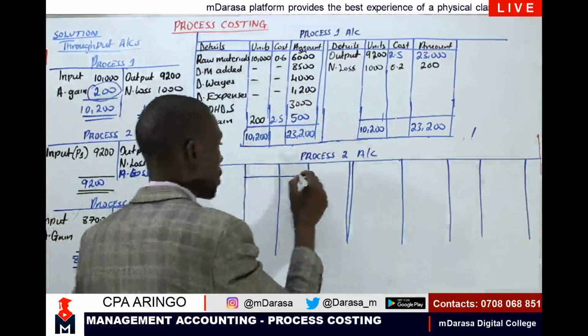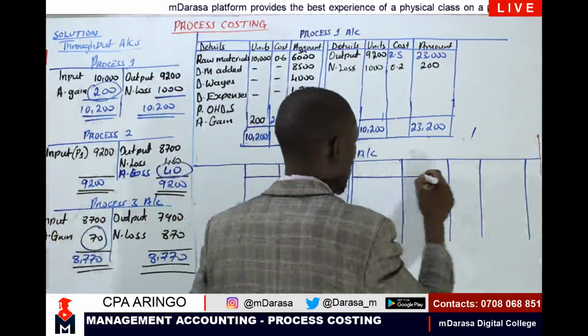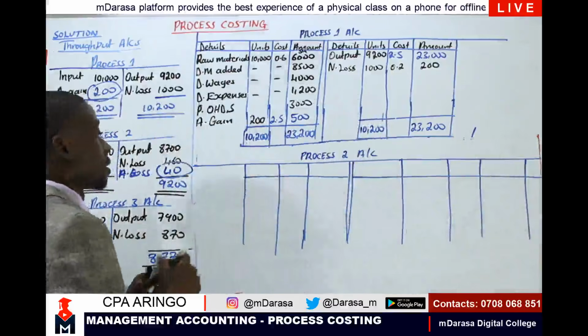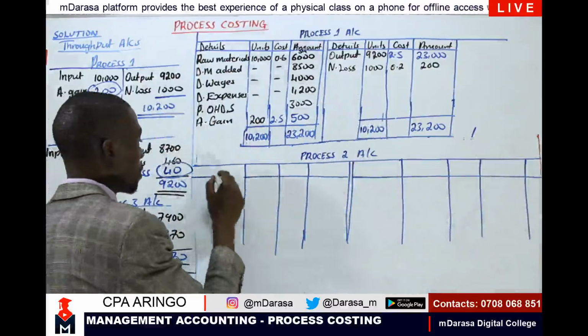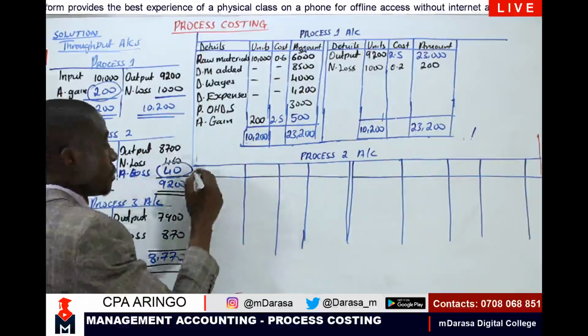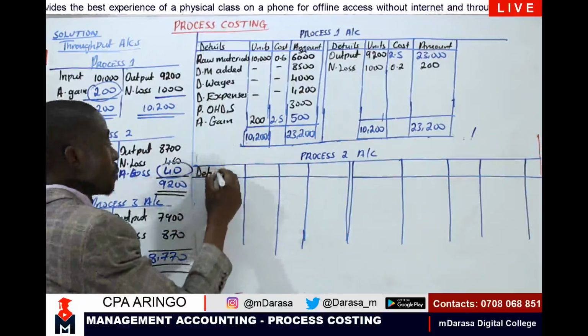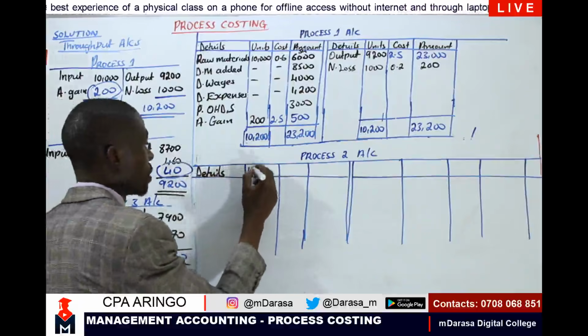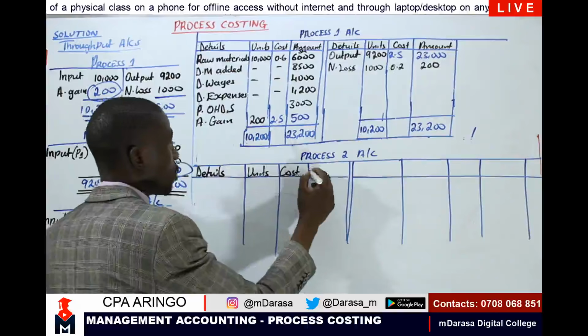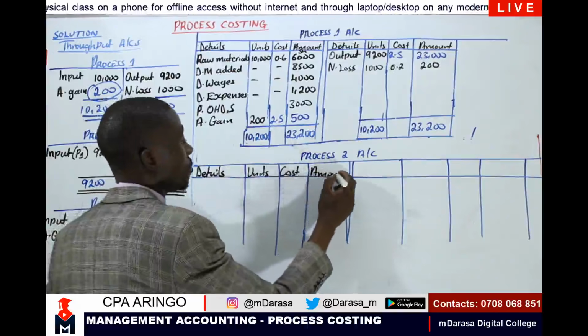So I should be having these details here. This is our details here. Talk of our units. Talk of our cost per unit. Talk of our amount here.